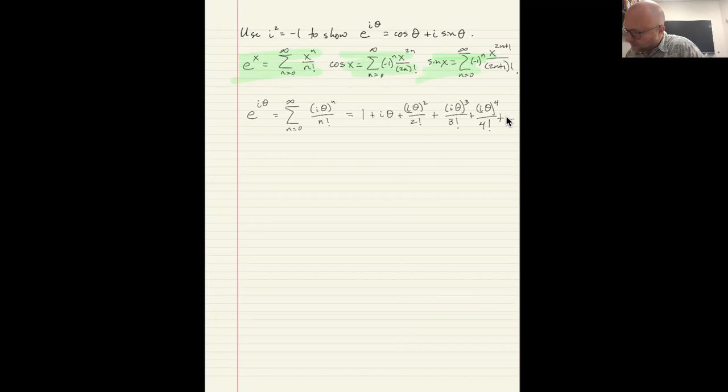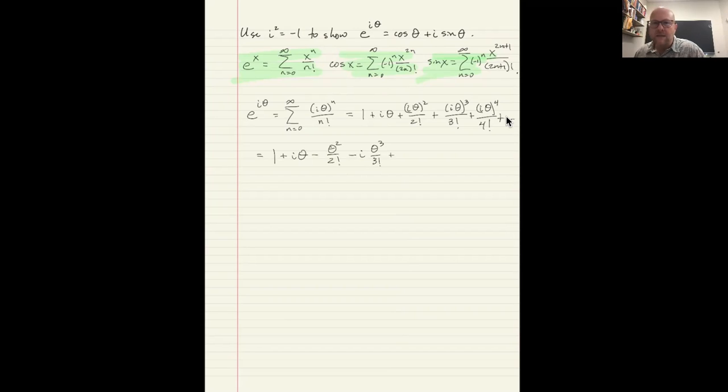But when I copy it down here and try to simplify, I'm going to remember that i squared turns out to be -1. And so that means that although I've got 1 plus iθ here, in the next one, I've got minus θ squared over 2 factorial. And then when you cube i, you'll have an i squared, which would be the -1, and still another i left over, θ cubed over 3 factorial.